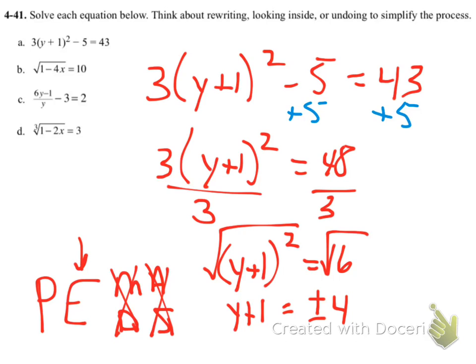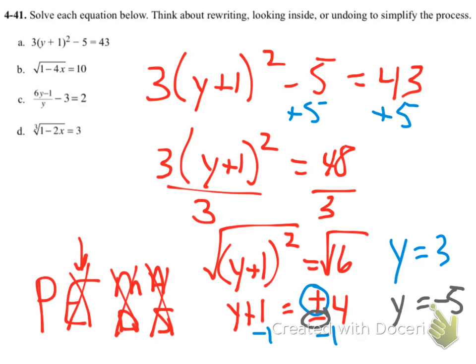That now gives me 2 different answers. So I'm going to subtract 1 from both of them. Positive 4 minus 1 gives me 3. And negative 4 minus 1 gives me negative 5. Those are my 2 solutions for problem A.